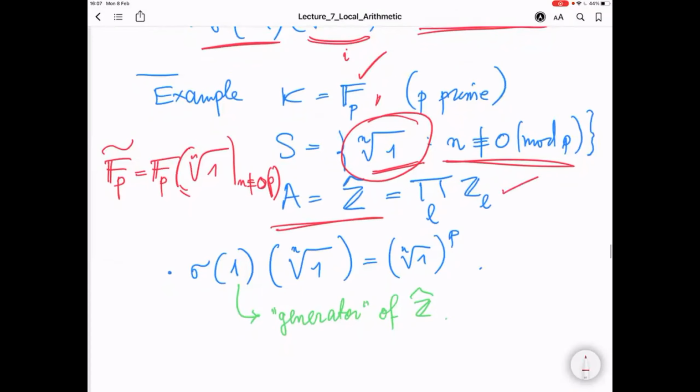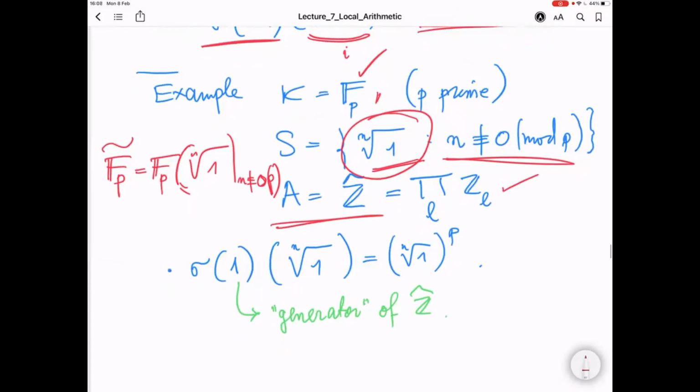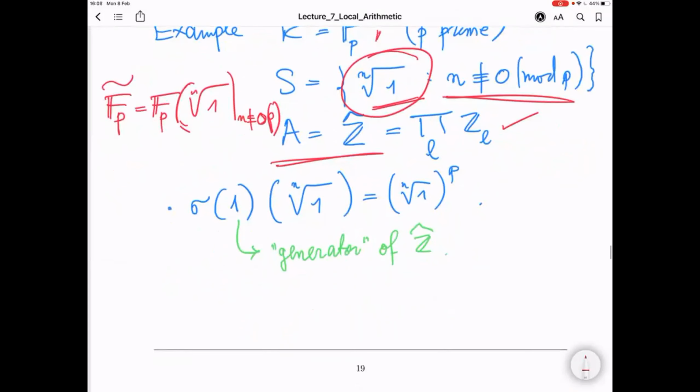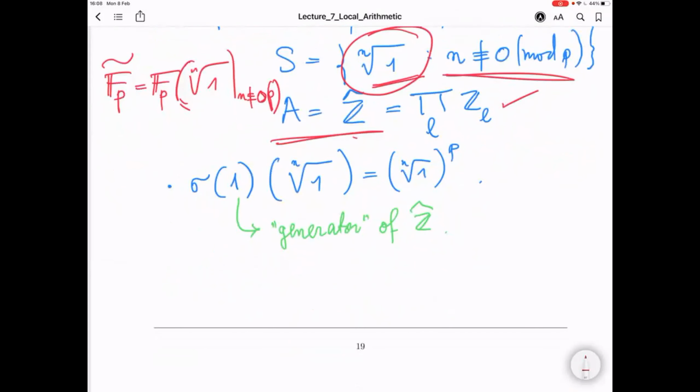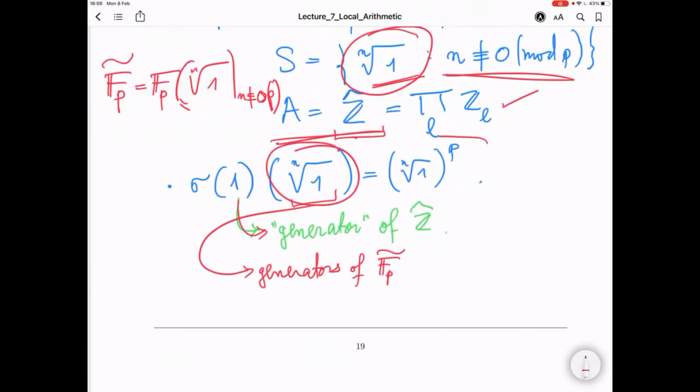As I said, it's the product of all ZLs. And finally, you have to explain how this Z hat acts on these generators of FP tilde. So 1 is a generator of Z hat, and these are generators of FP tilde. So sigma 1 acting on this just takes it to the pth power.